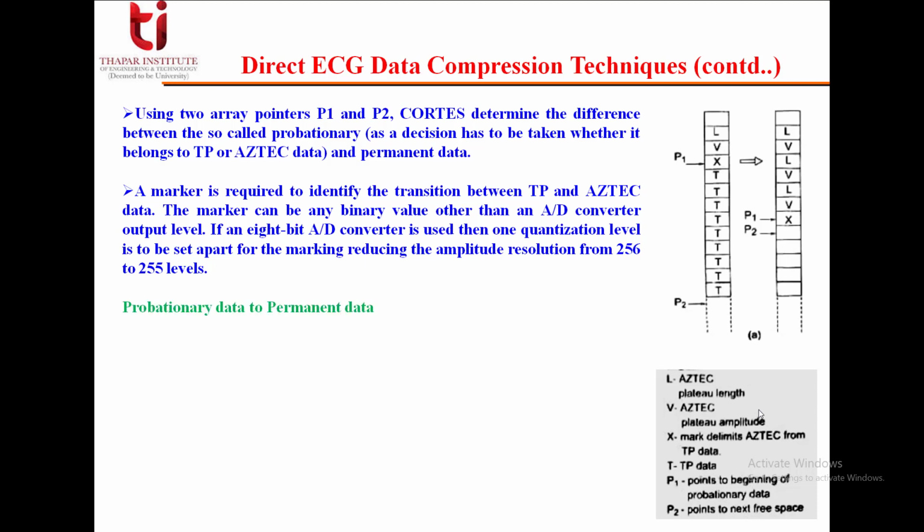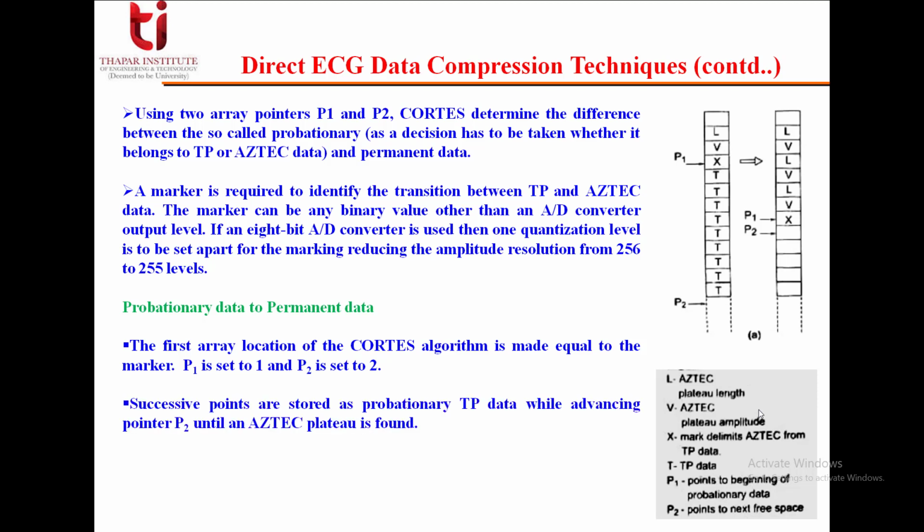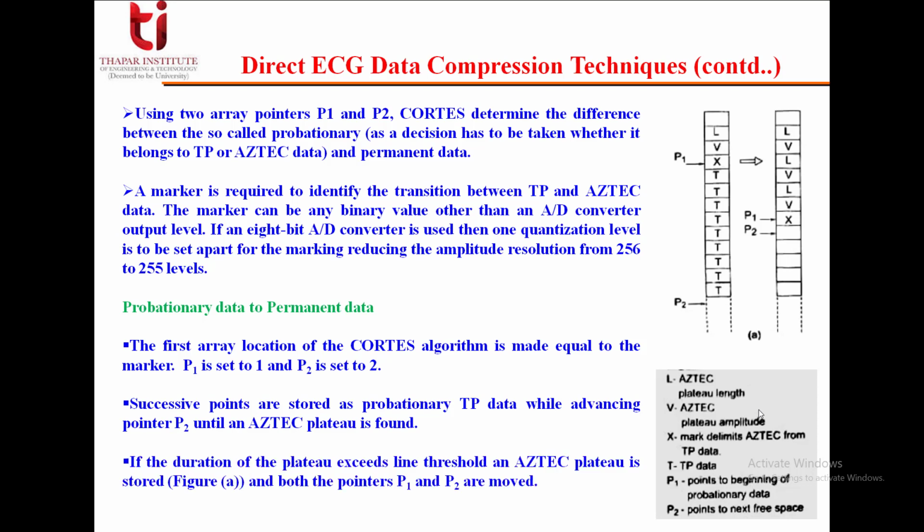So how can we convert that probationary data to permanent data? The first array location of the CORTES algorithm is made equal to the marker. P1 is set to 1 and P2 is set to position 2. Successive points are stored as probationary TP data while advancing pointer P2 until an AZTEC plateau is found.